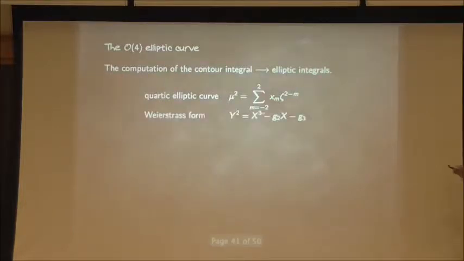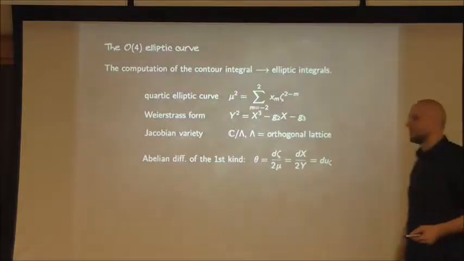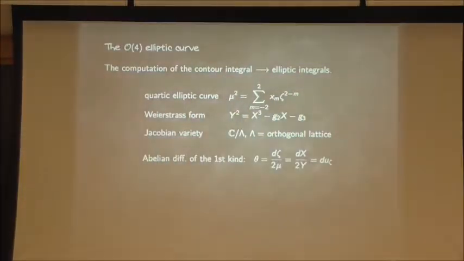I can cast this into Weierstrass form with g2 and g3, exactly the invariants that I discussed previously. And then I can look at the Jacobian variety of that curve. What happens is that the Jacobian for this curve is actually going to have an orthogonal lattice structure.